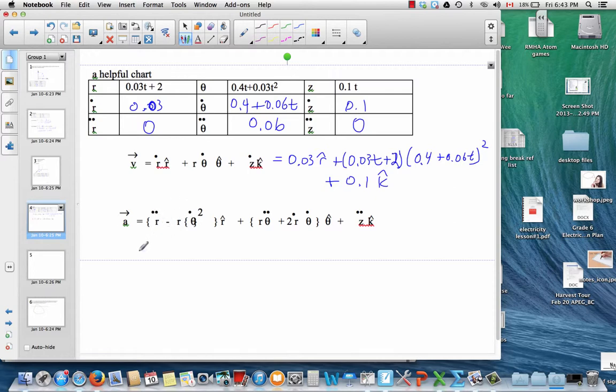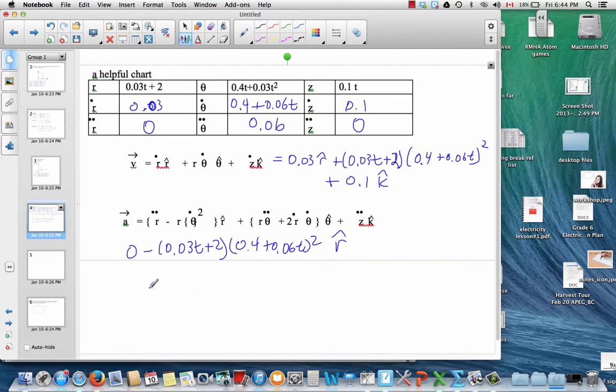Okay, then for the acceleration, there's nothing in the z direction. Then again, we've got this complicated expression, r times theta dot squared. And so that's the radial acceleration.